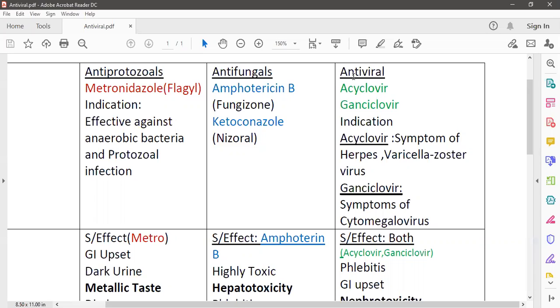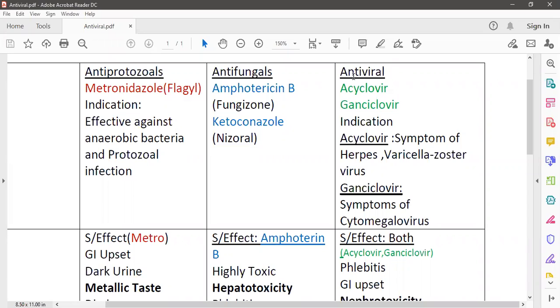So protozoa are actually one kind of parasite, right? Or we can say anti-parasitic medication for parasitic disease. Some of the parasites, like helminths, when they attack, we use this anti-parasitic.